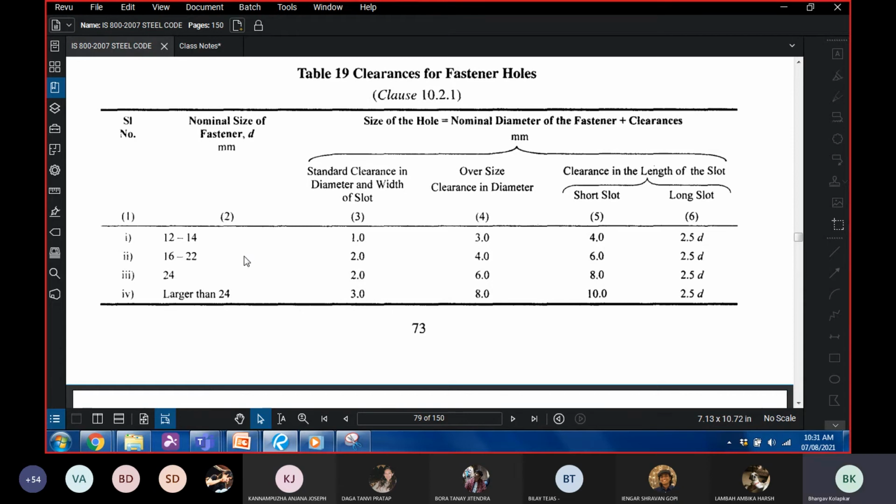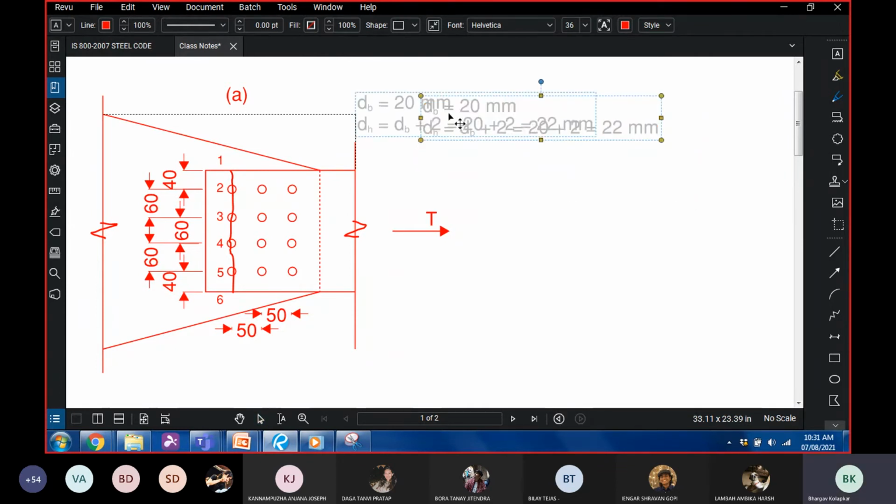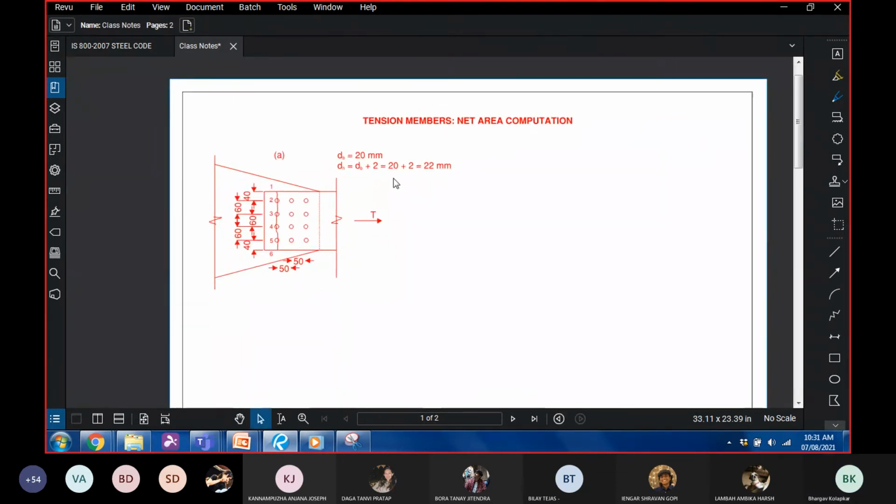The objective here is not to remember this table. The objective is to understand that the hole diameter is slightly greater than the bolt diameter, and 2 is a reasonable number to start with. So this gives us the value of d_h.